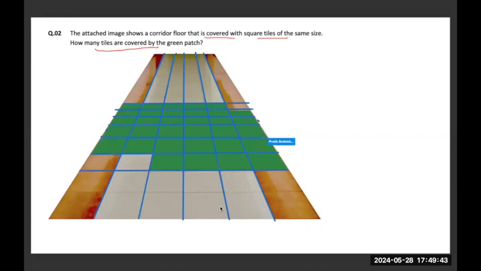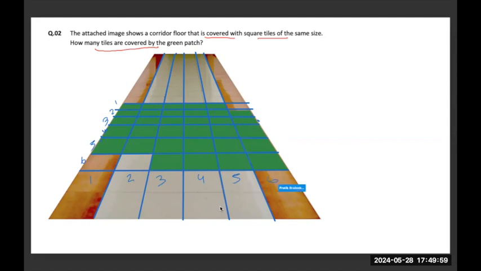Somewhere roughly like this. So when you look at the grid that we are getting is 1, 2, 3, 4, 5, and 6. 1, 2, 3, 4, 5, and 6.